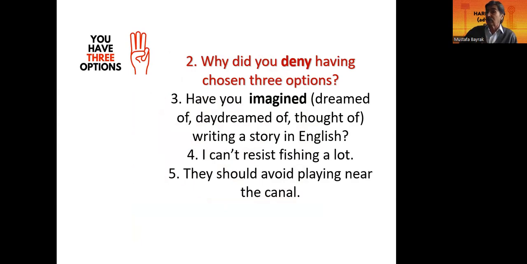Okay, why did you deny having chosen three options? Three, have you imagined or dreamed of, daydreamed of, thought of? Yes, imagine doesn't have a preposition, but it takes gerund. Have you imagined writing a story in English? Or have you thought about writing a story in English?